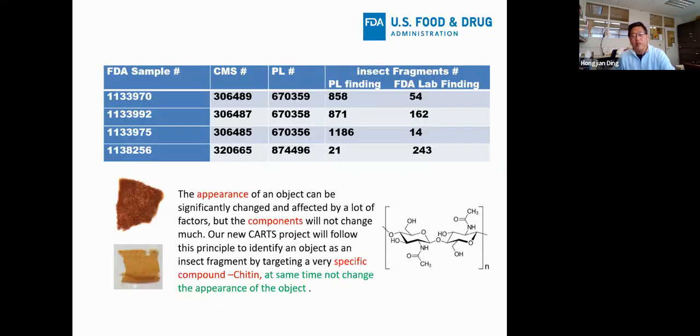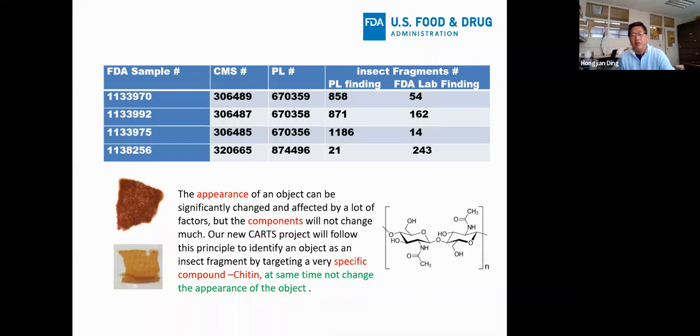I show you some cases, like an FDA sample number, our system number, and a private lab number, because the food quality is also checked by the private lab. So FDA can audit their results.